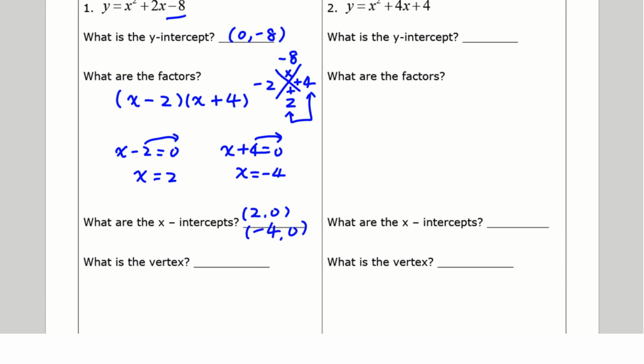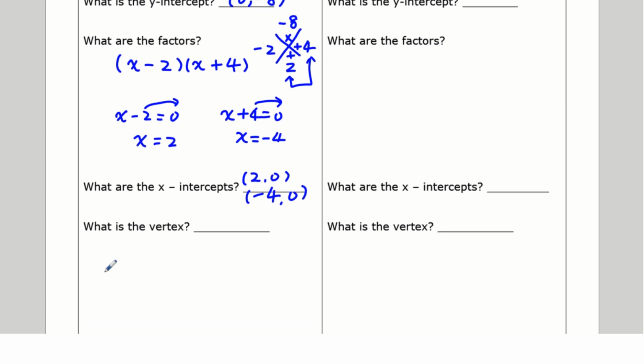The vertex will be the middle of these two. So this is just one way to find the vertex, using the two zeros. You will have x equals -1. Then sub it back into the factor form. So -1 minus 2, -1 plus 4.